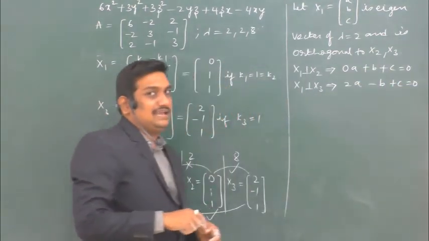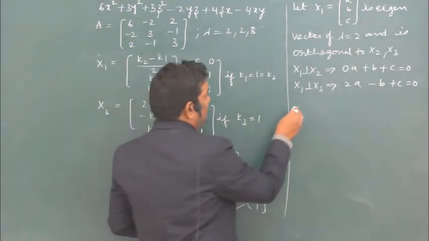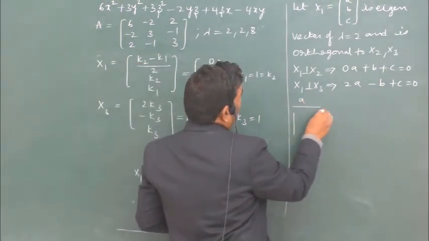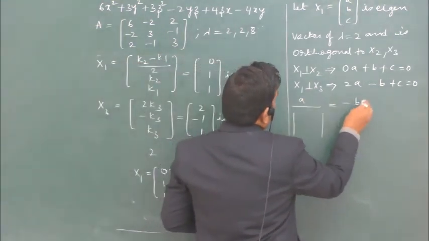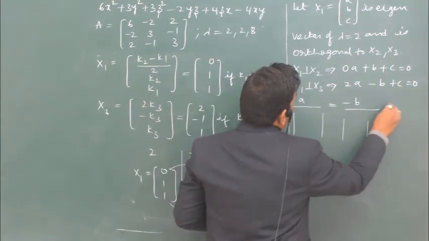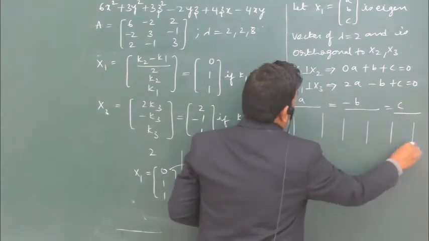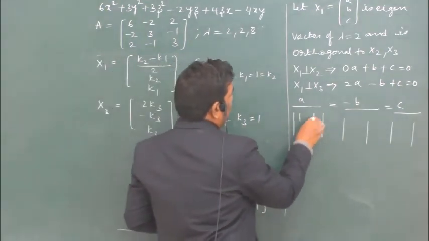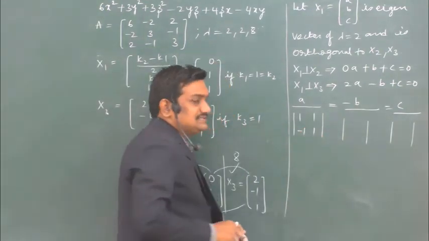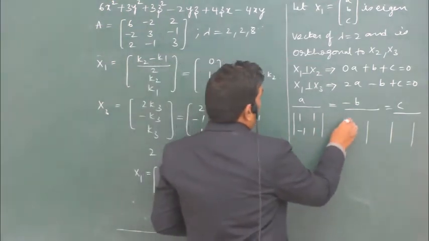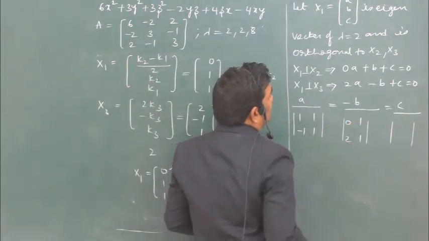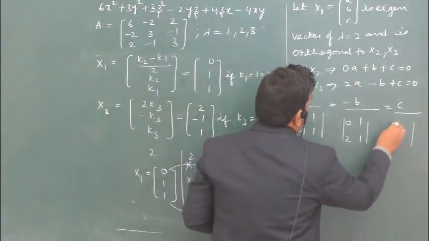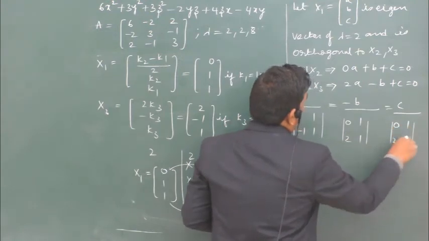Now let us find the ABC values by the shortcut method. a by determinant, minus b by determinant, c by determinant. Close the first column, it will be 1 1, minus 1 1. Close the second column, it is 0 1, 2 1. Close the third column, 0 1, 2 minus 1.